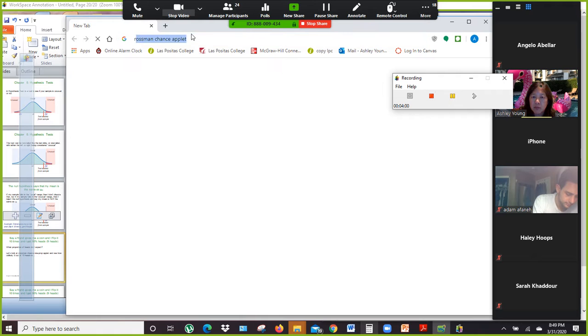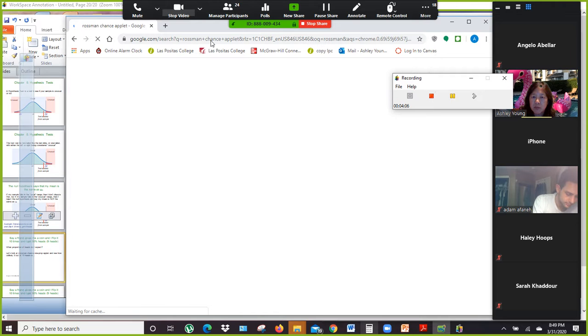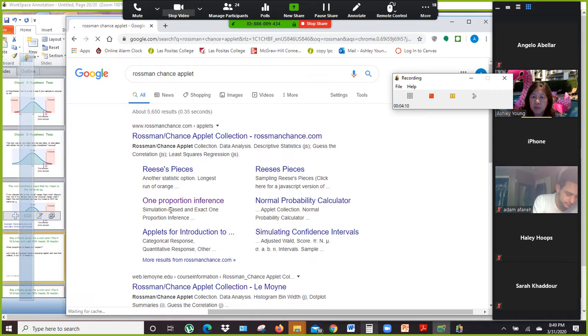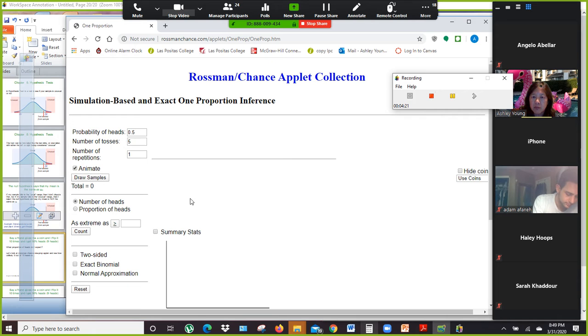I'm going to pick the one proportion inference right here. You can also do it on your phone if you want to.